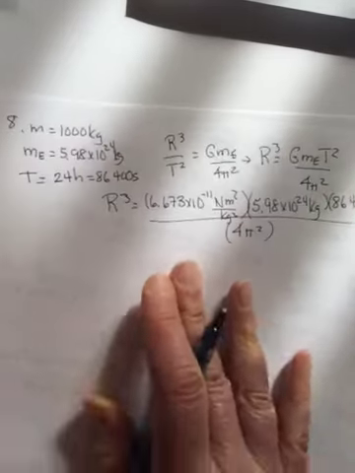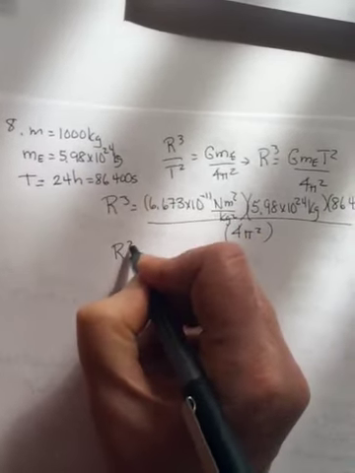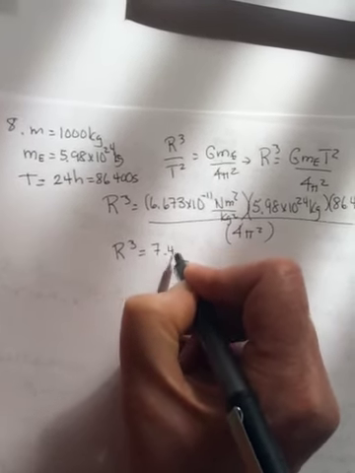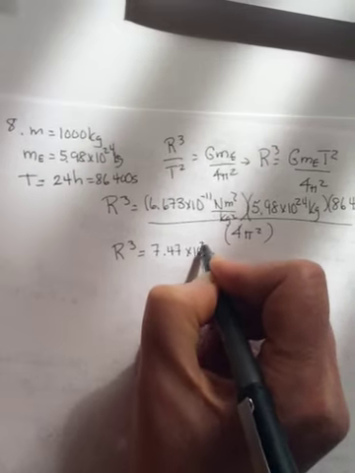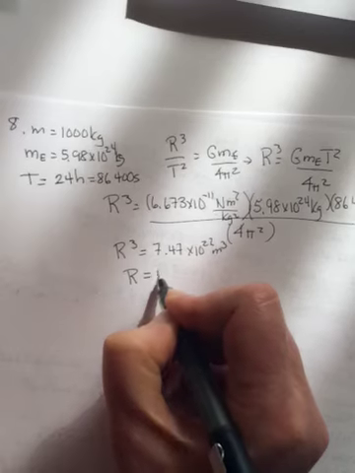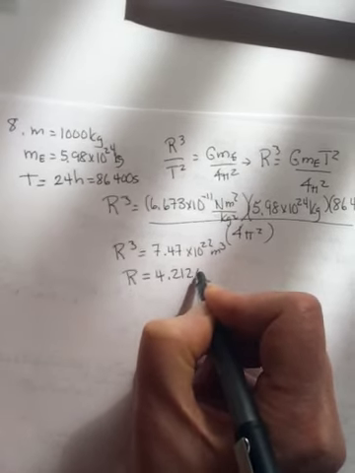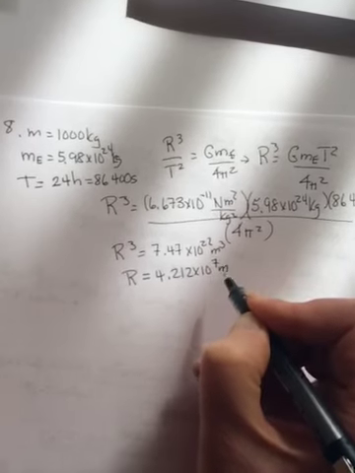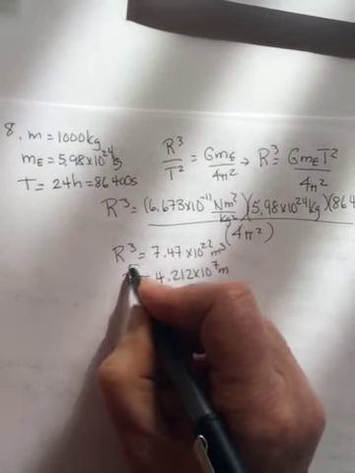And remember, put that in brackets on the bottom. What you're going to get out is r cubed, 7.47 times 10 to the 22nd meters cubed, and then take the cube root: 4.212 times 10 to the 7th meters. Okay, so that's its radius.